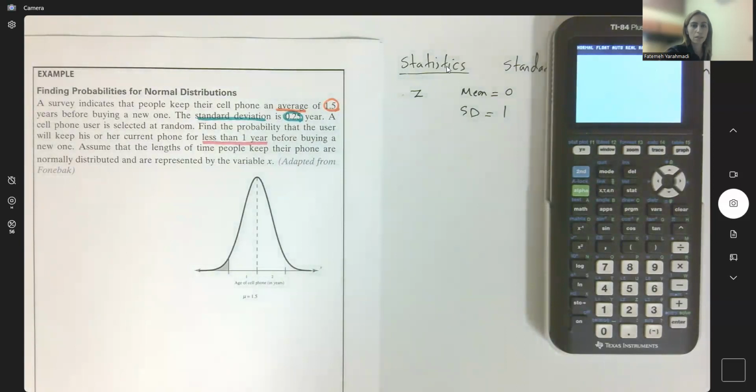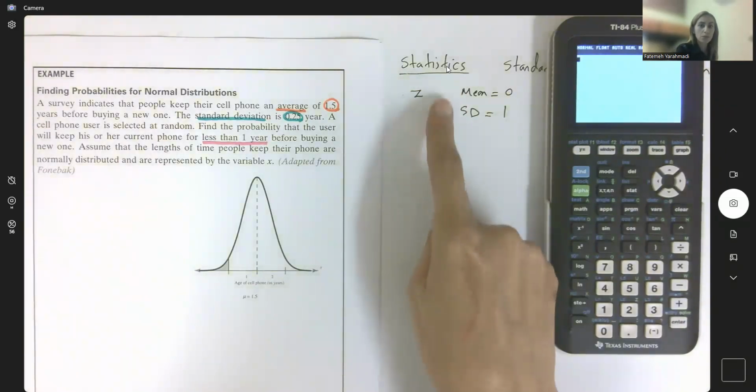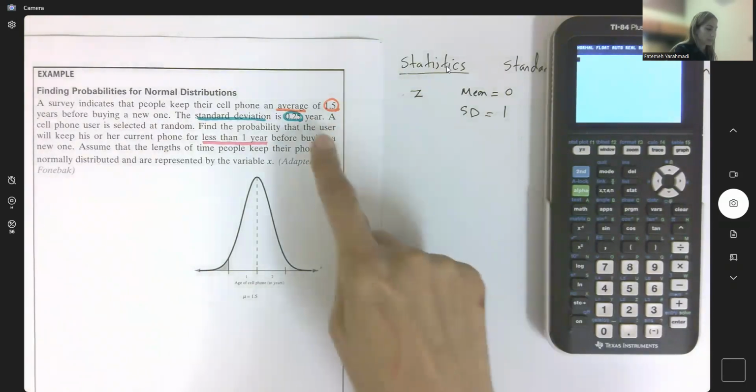So what is a good lower bound here? What is a good upper bound here? Based off of this information that we see here, which one is the correct answer, right? And note that we are using X. Why is it not Z? Because remember, when you're working with Z, the mean is 0 and the standard deviation is 1. But look at the data here.